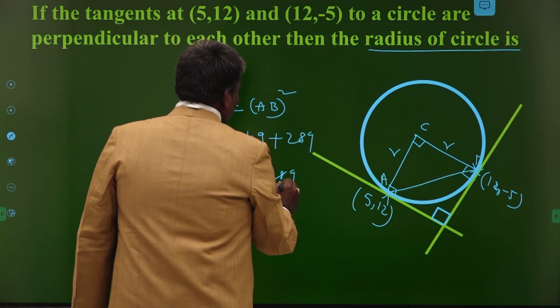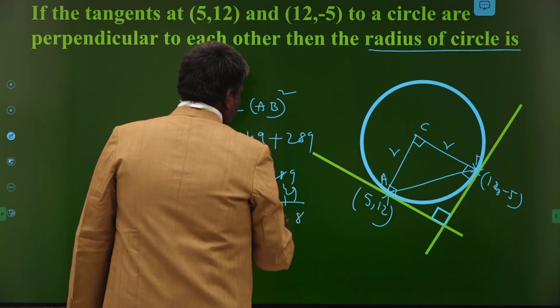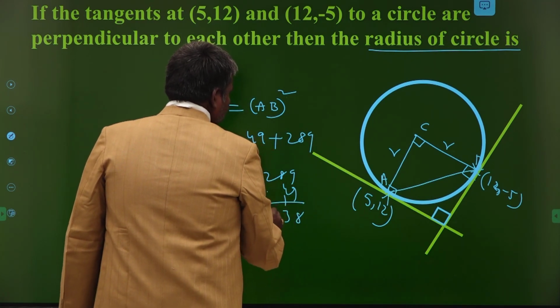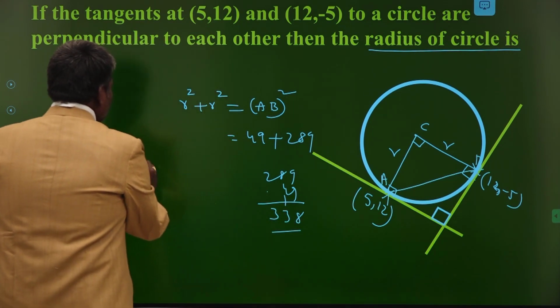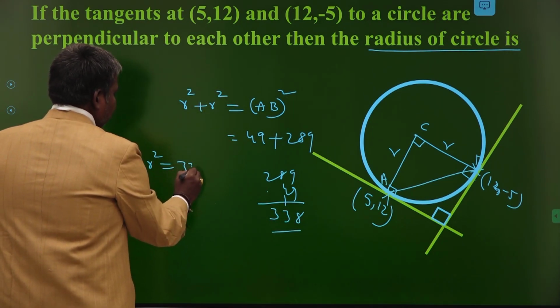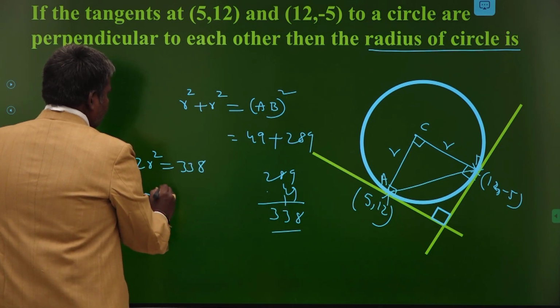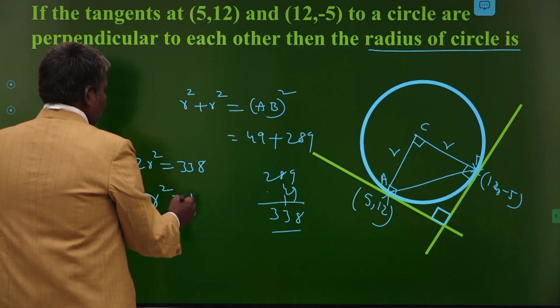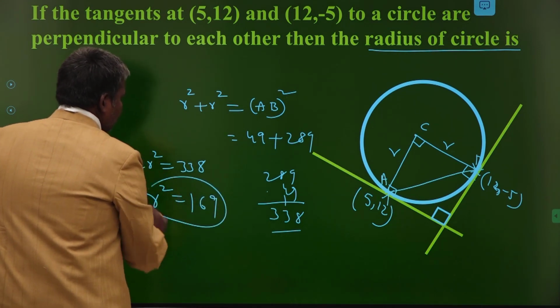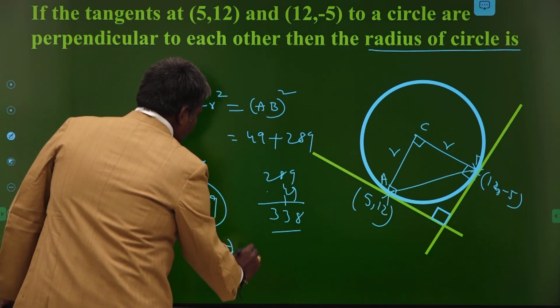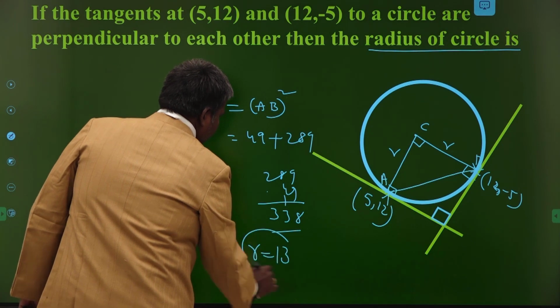So 289 plus 49 is 338. 2R square is equal to 338. R square is equal to 169. Immediately we have the radius of the circle equal to 13.